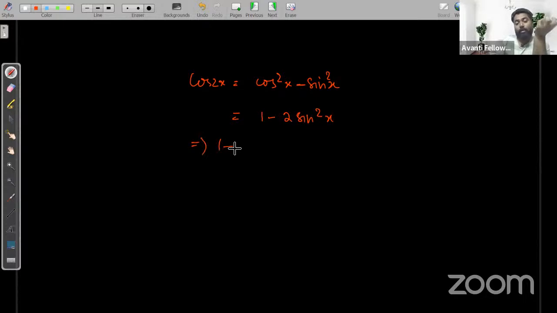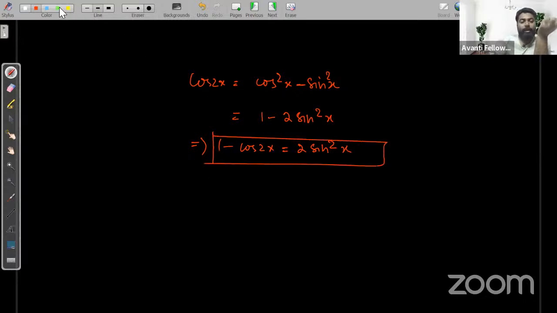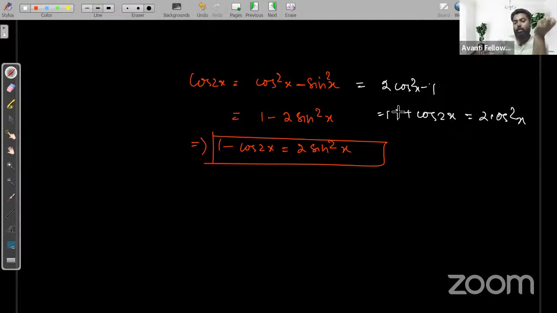So 1 minus cos 2x gives you 2 sin square x, right? But we need 1 plus cos 2x. Also we can write this as 2 cos square x minus 1. So 1 plus cos 2x gives you 2 cos square x.